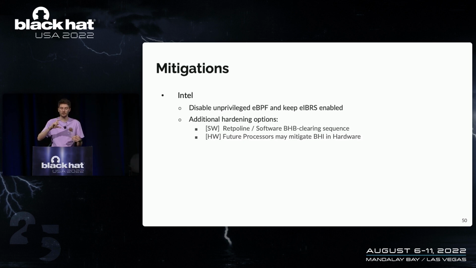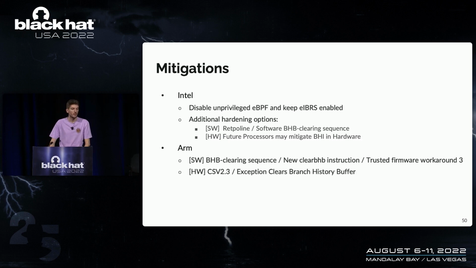On a mode switch, for example, from user to kernel, they are clearing this branch history buffer so that during the prediction process, the user history is no more used. And ARM did exactly the same, slightly different, again, software and hardware mitigation with the goal of clearing this branch history buffer. And AMD, as we said from the beginning, is not affected because they are still relying on a software mitigation.